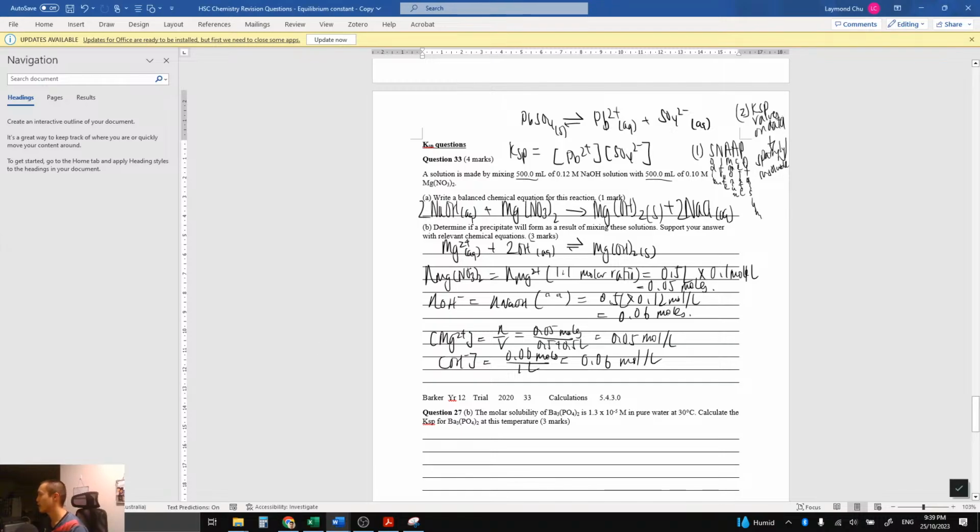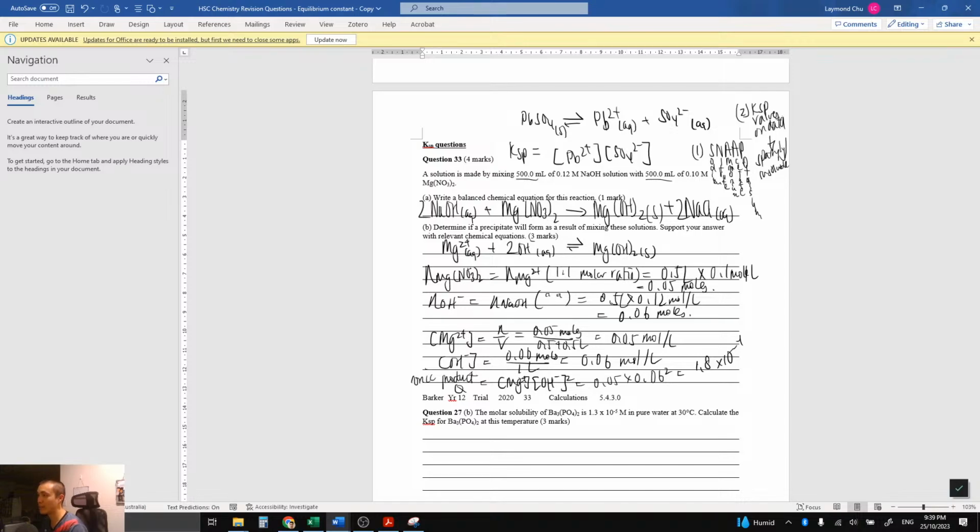So in this case, we want to try to find the ionic product, which you can also call Q. The ionic product would be the concentration of Mg2+ times the concentration of OH- ions squared, which is 0.05 times 0.06 squared, which is equal to 1.8 times 10 to the negative 4.